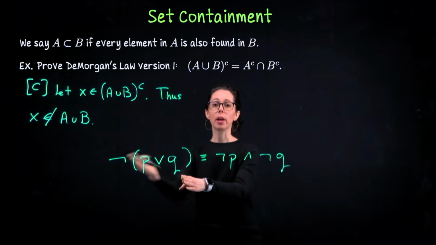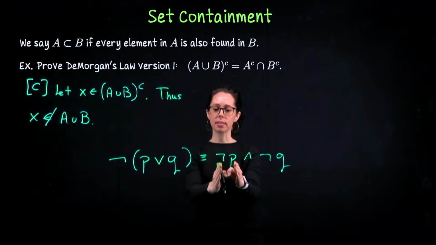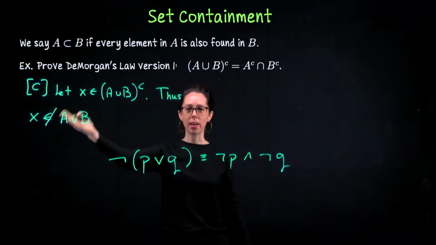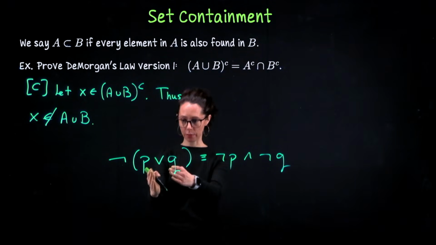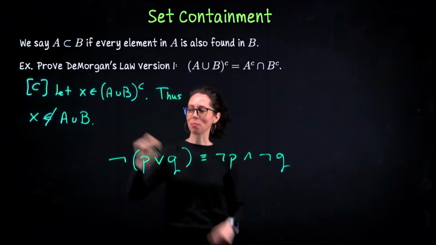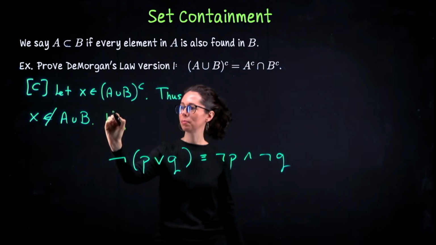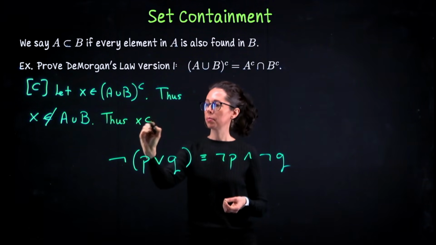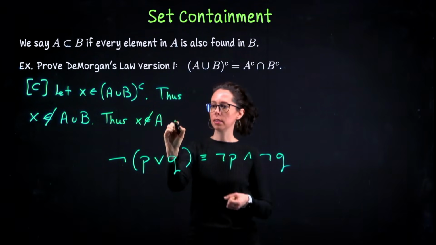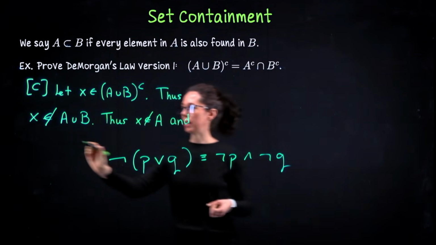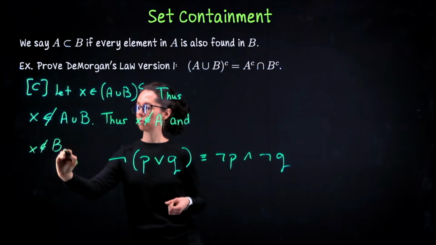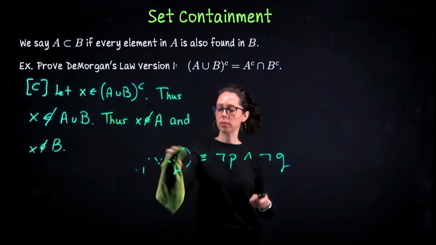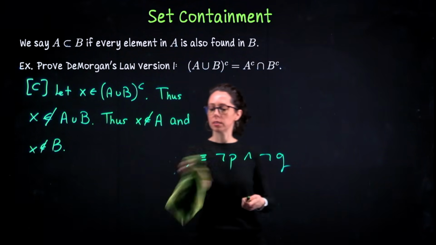So not (P or Q) is not P and not Q. So to say that X doesn't satisfy the definition of the union of A and B, which can be phrased like condition A or condition B, is to say, I'm just going to keep using the word thus, X is not in A and X is not in B. You might have seen that right away. I just wanted to justify it by looking at a little bit of a logical argument. Let's erase this.